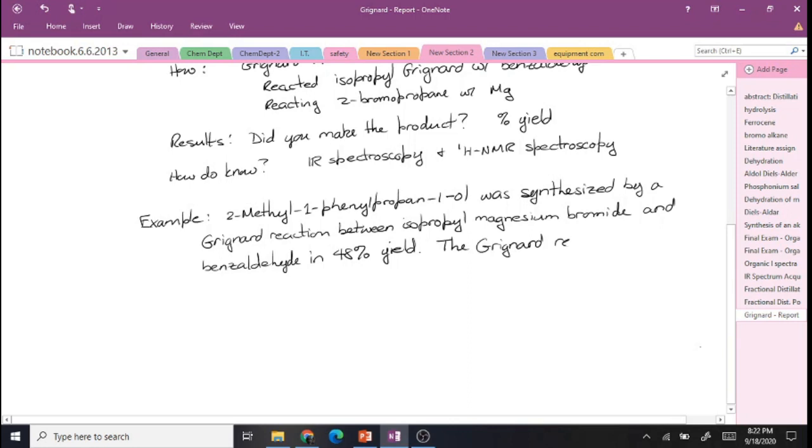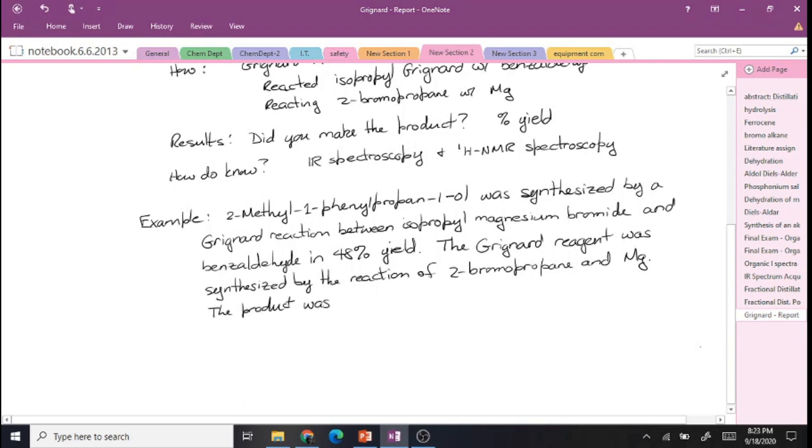Grignard reagent was synthesized by the reaction of 2-bromopropane and magnesium. The product was analyzed using IR and proton NMR spectroscopy.